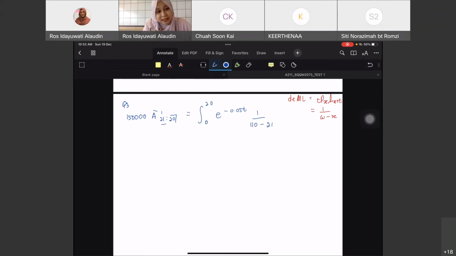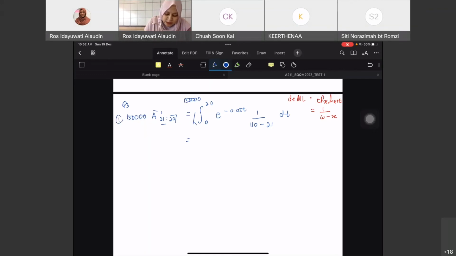So the x must depend on your summation of your matric number. So dt. So you put 150,000 in front of the integration. Okay. Then you can get the answer for the term insurance.